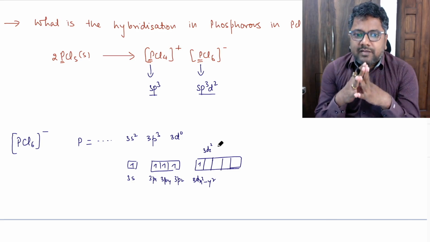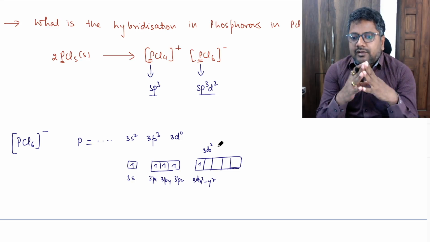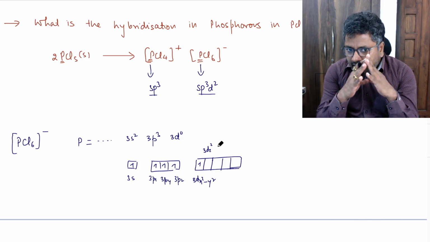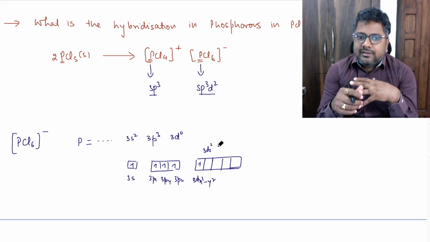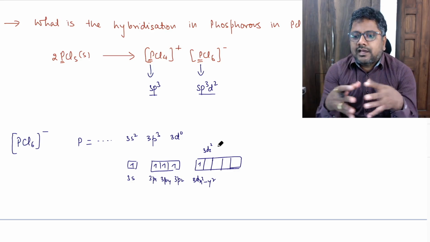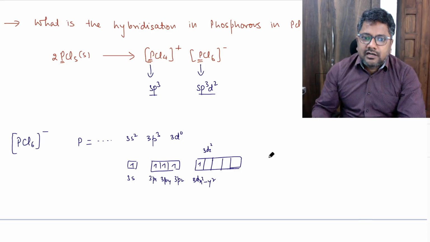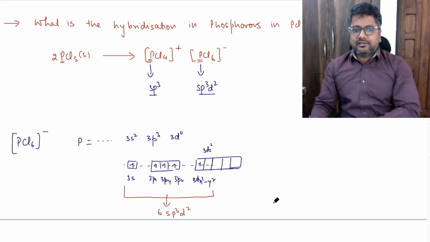So in hybridization, as I have already told you, any kind of orbital, like valence orbital, empty orbital, fulfilled orbital, all can mix. So here all these 6 orbitals mix and produce 6 sp3d2 hybrid orbitals.